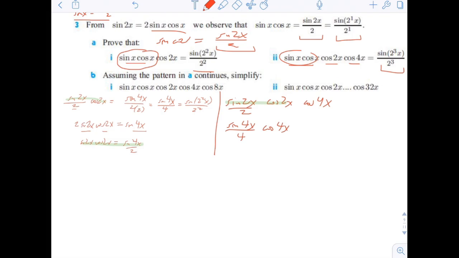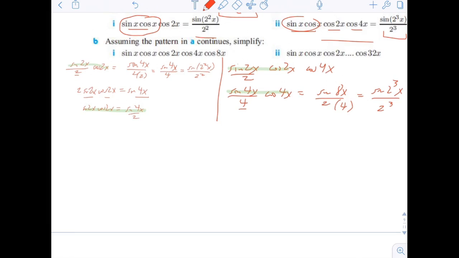Okay, and that we could rewrite as sine of 8x divided by 2 times the 4 that was already here. So that would be sine of 8x divided by 8. And we could rewrite that as sine of 2 cubed x divided by 2 cubed. And we've proven that too.